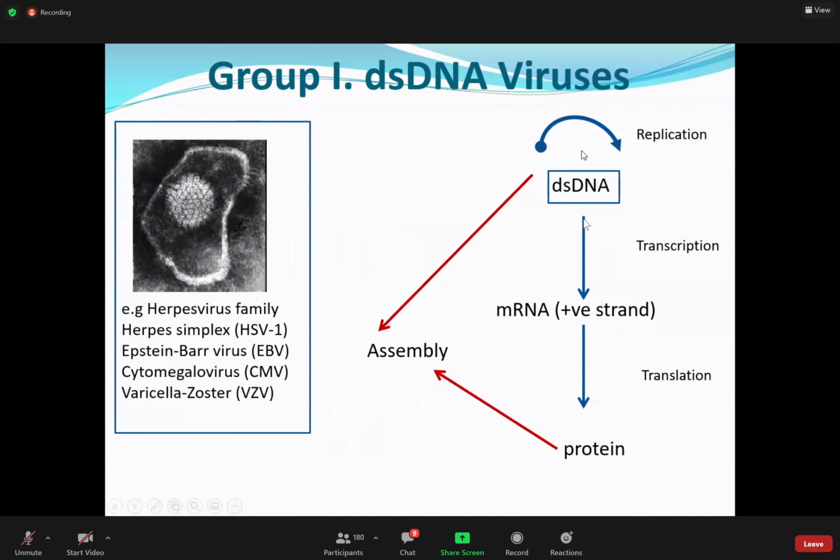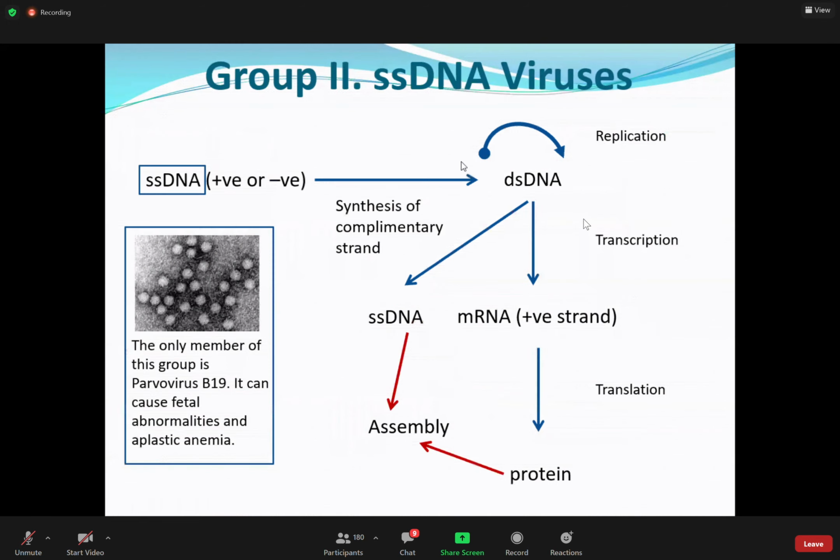When you make virus protein, you get the DNA-dependent RNA polymerase making messenger RNA from that minus strand DNA template, which gets read into protein. The new double-stranded DNA molecules then get assembled to make new progeny viruses. Very straightforward.